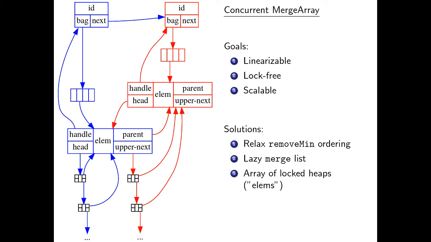And that's why the blue node is in the red one's merge list. And each node also has a parent pointer, so it knows what it's being merged into. For a variety of reasons, it's nice to be able to have a back pointer during all the different algorithms.